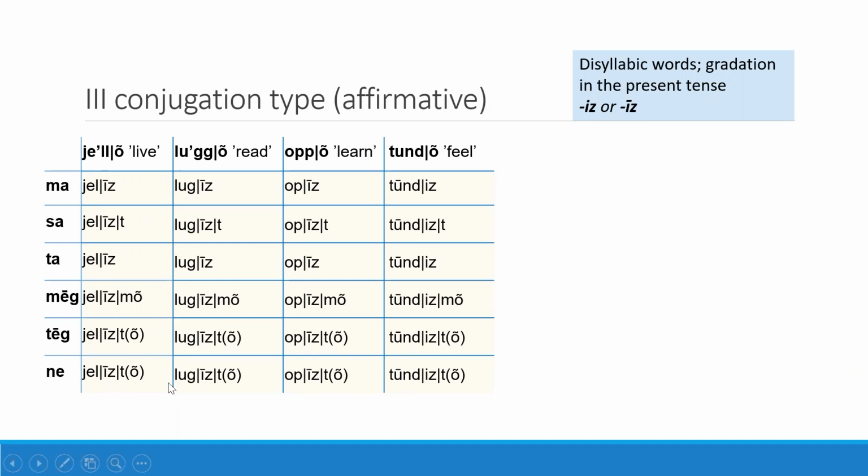But yes, here how it differs is indeed that in the past it's just gluing this, first this plural suffix and then this personal ending. So for example, ma elis, ta elist, ta elis, me elisma, te eliste, ne eliste.